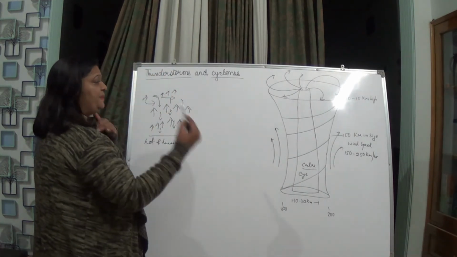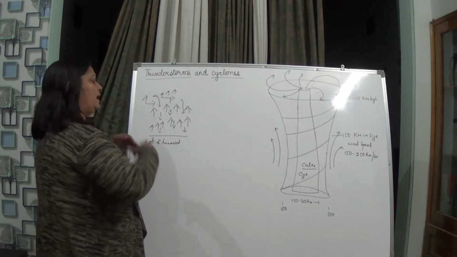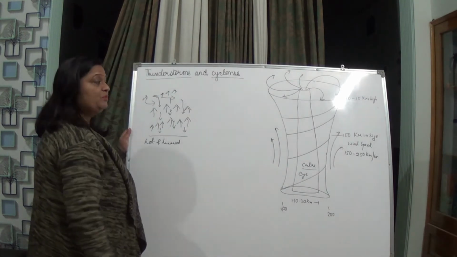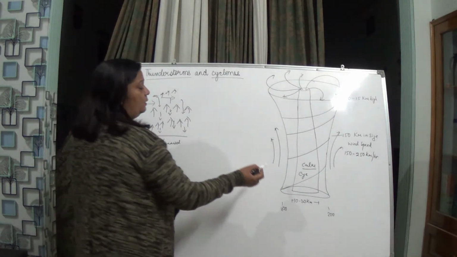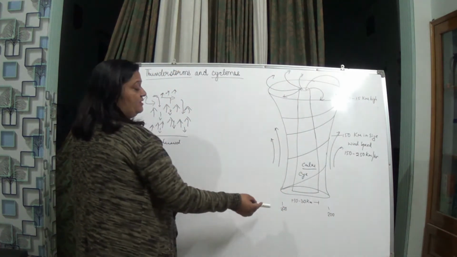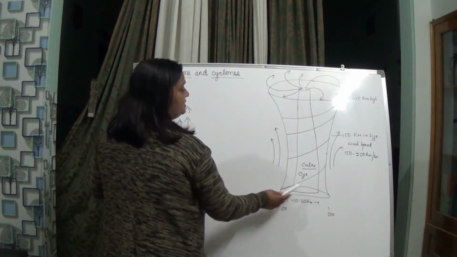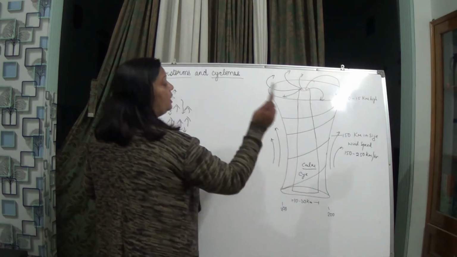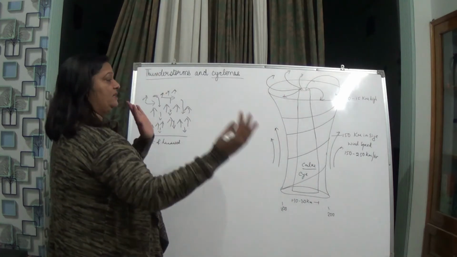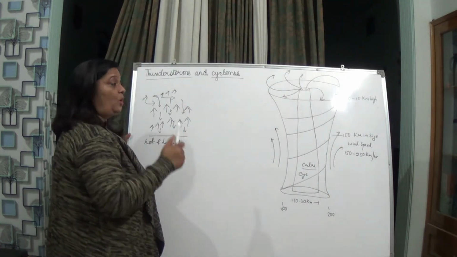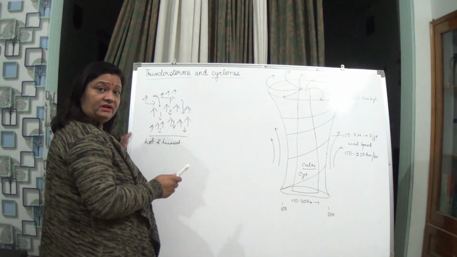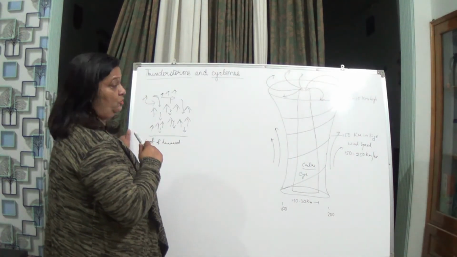Because here a low pressure area is created again and again, and around it a high speed wind is there, creating a cyclone. The center of the cyclone is totally a calm area, which is 10 to 30 kilometers. Surrounding this calm area, this eye, the cyclone is there, which is 150 kilometers in size or even more, and the speed of the wind in that is 150 to 250 kilometers per hour.